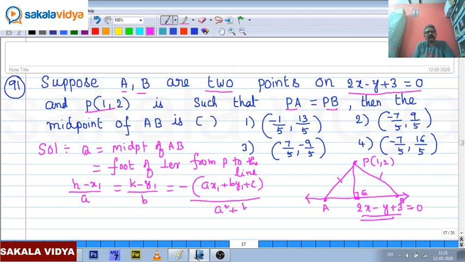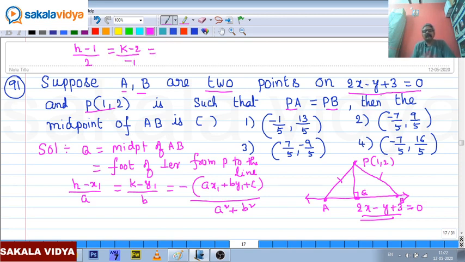Apply this formula, you will get the answer. So what do you get now? h minus x1, x1 means 1, a is from the line 2, equals to (k minus 2) by b, b is minus 1.